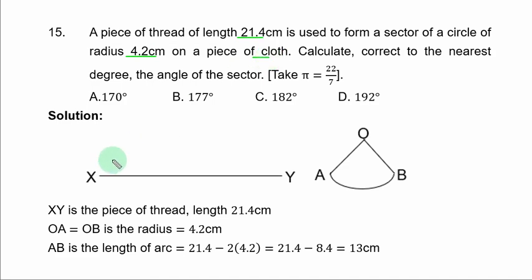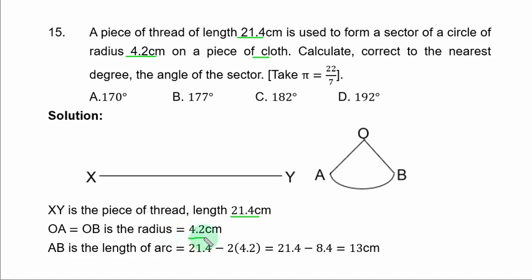So you have the thread XY, and this thread is used to form a sector. So to form a sector, you are asked to find the angle of the sector. Now XY is a piece of thread. The length is 21.4 cm. Now OA equal to OB is the radius. From the question, you have 4.2.